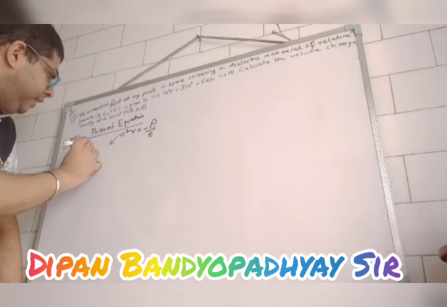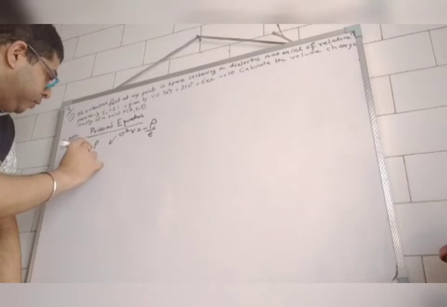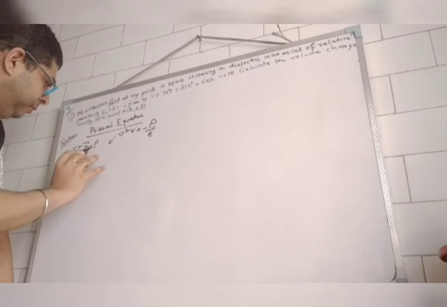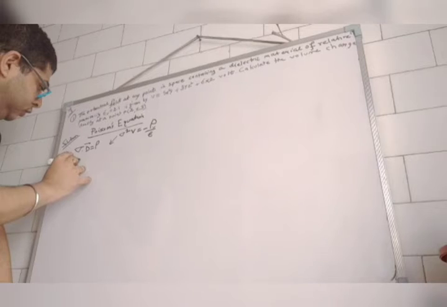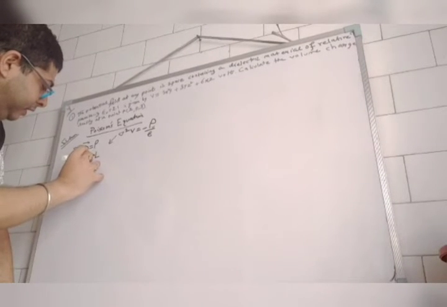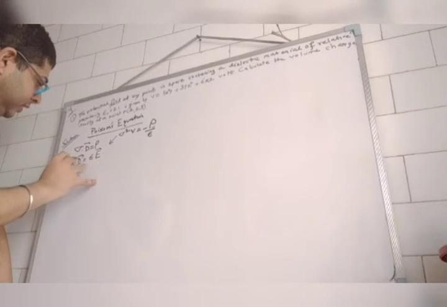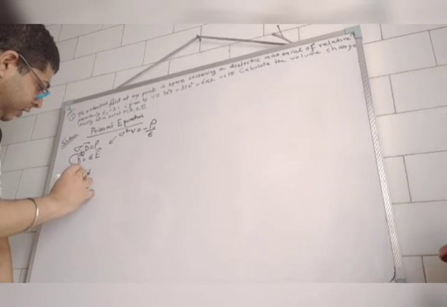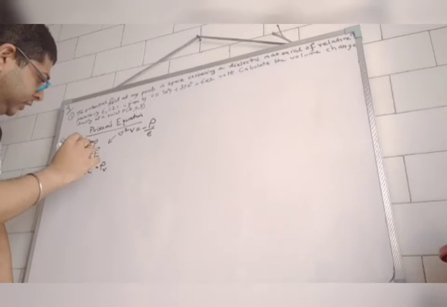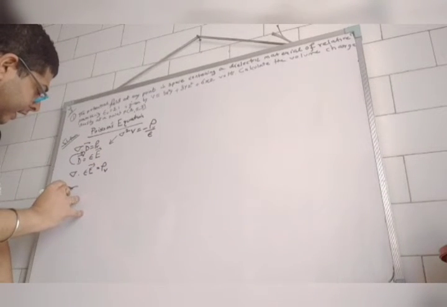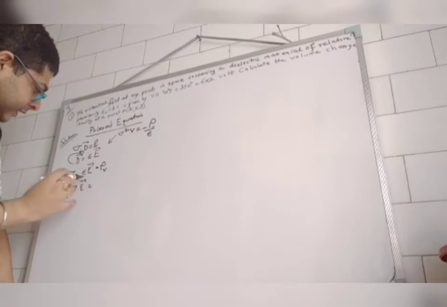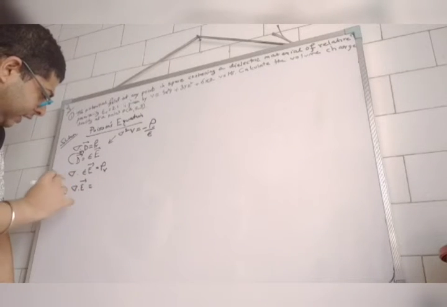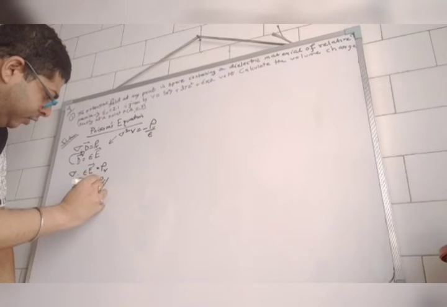So the divergence of D is basically rho, the volume charge density, and we know that D is equal to permittivity into E. Now if you put this value here, you will get del dot epsilon E is equal to rho V. Since the permittivity is not changing, I can take it outside and write del dot E equals rho V by epsilon.